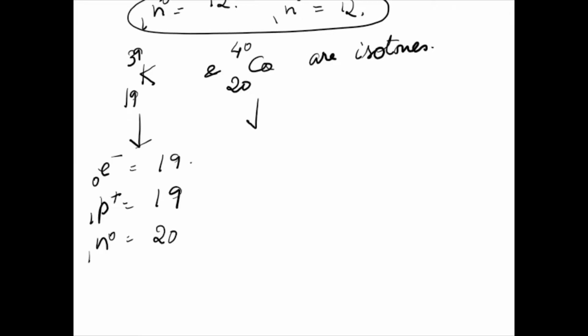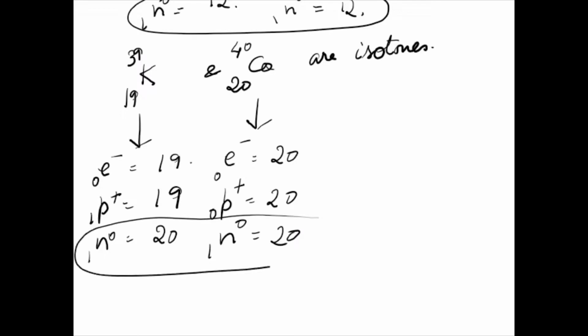And calcium 20 40 has number of electrons 20, number of protons 20, number of neutrons also 20. So again see, they both have same number of neutrons. So therefore they are examples of isotones.